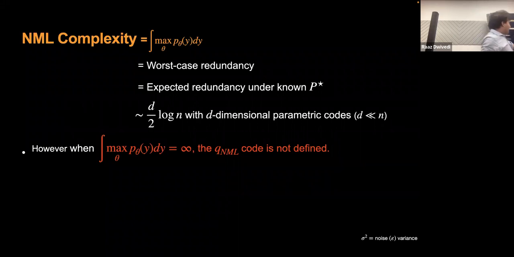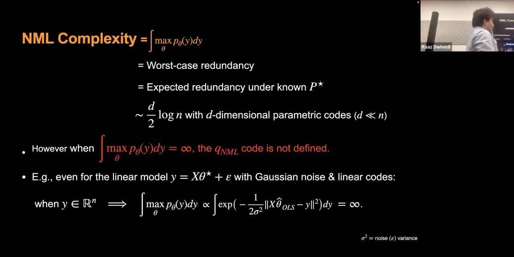So when this is infinity, then the code is not defined because the denominator is infinity, and the complexity is also not defined. Even simple models like linear models, you can show that if you have a reasonable class of theta, so you're doing OLS, you plug in the OLS, then this whole expression integrates to infinity.